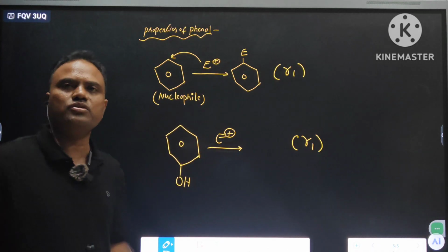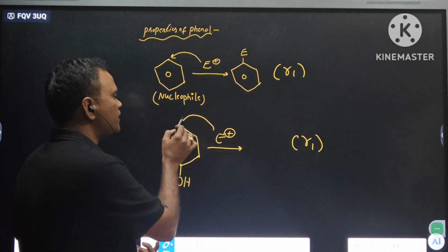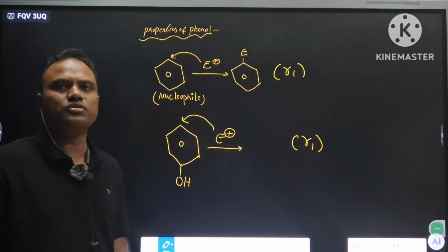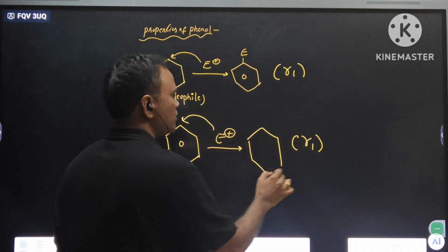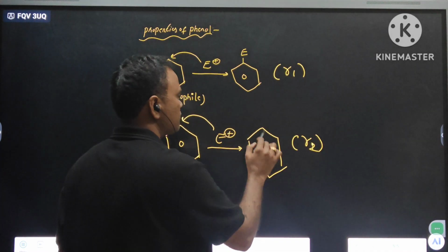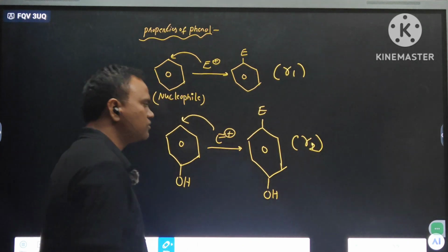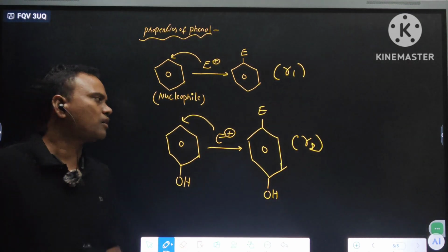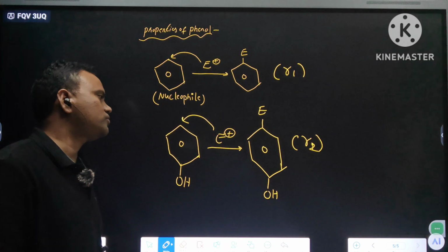Benzene or phenol, which is more reactive towards electrophile, means in which case electrophile attacks readily, fastly. Can you guess? And where rate of the reaction is more? R1 and R2. Why R2 is greater?